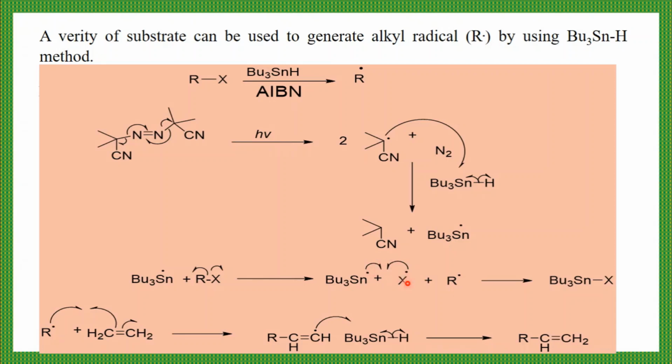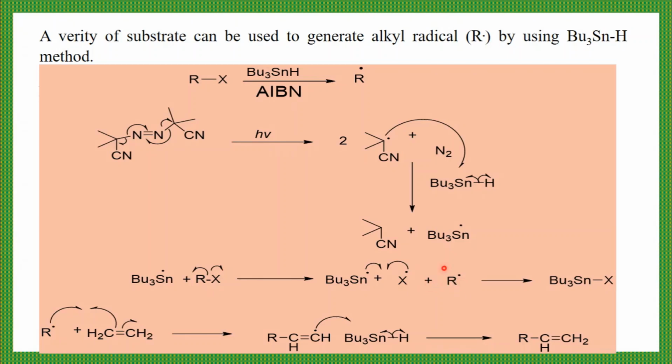This halide may be any halogen, that is, fluorine, chlorine, bromine, or iodine. So the tin forms a bond with this X, and you get tributyl tin halide. And it generates this R radical.